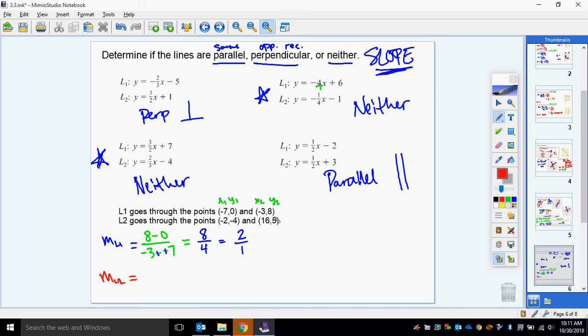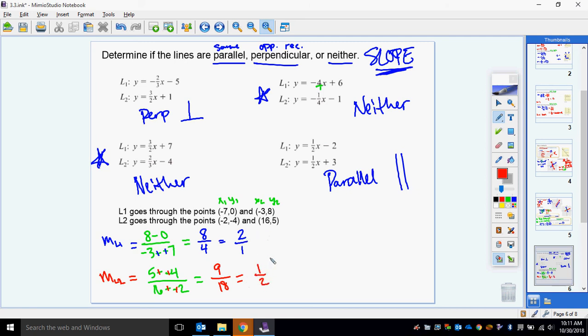So again, I want to take my y2 minus my y1 over my x2 minus my x1. Minus the negatives, plus a positive. 5 plus 4 is 9. Minus the negative is plus a positive. 16 plus 2 is 18. I can simplify that to 1/2.